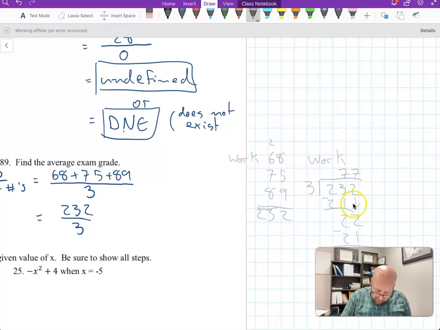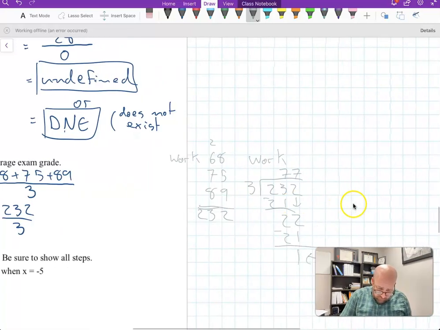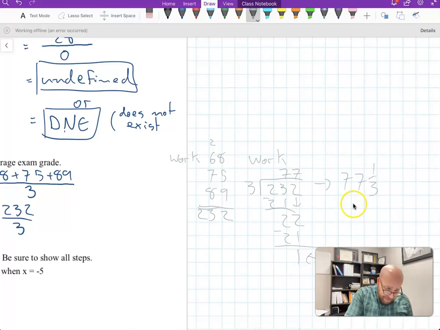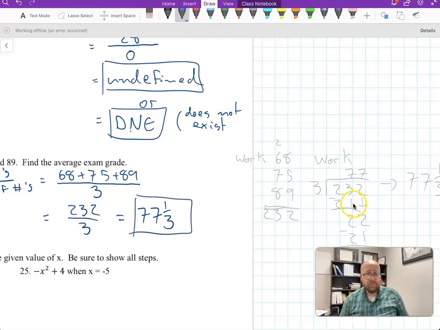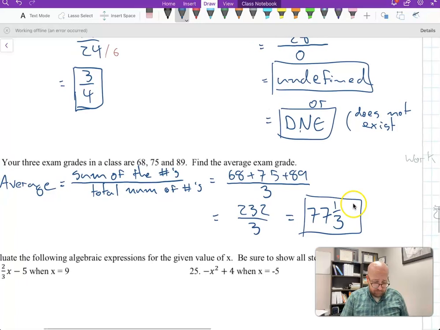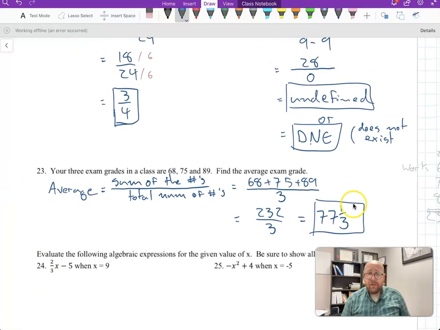We have a difference of 1. This is our remainder. So our answer is going to be 77 1/3. 77 1/3 is the average of those 3 exam grades.